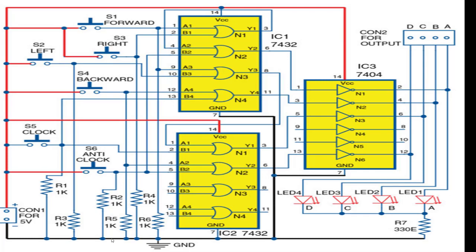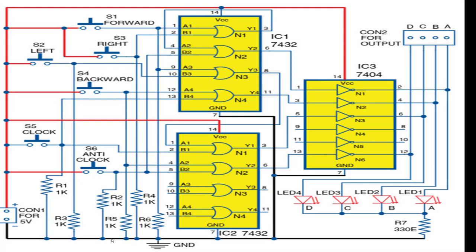When the forward switch S1 is pressed, the output of OR gate N1, pin number 3 of IC1, goes high, meaning we get 1, as it is an OR gate. This makes N2 of IC1 go high. At the same time, it makes OR gate N3, which is the 8th pin of IC1, go high, which makes N1 of IC2 go high.